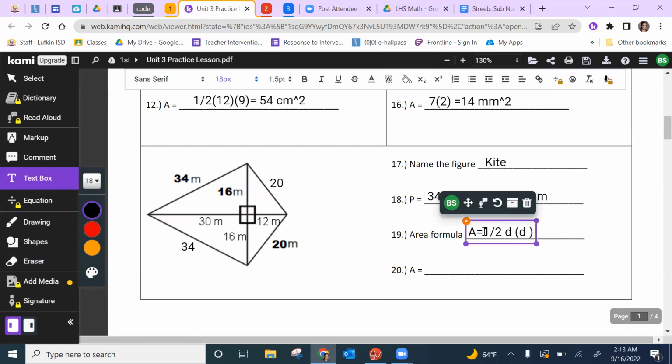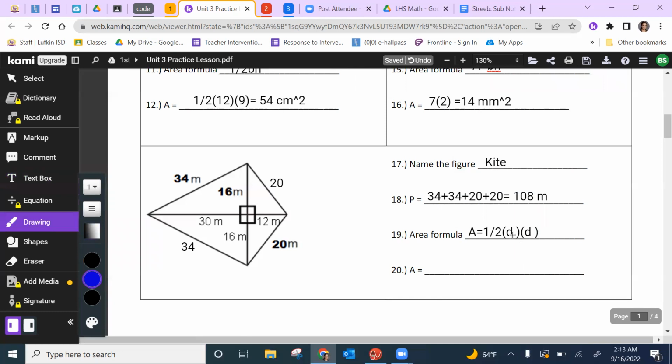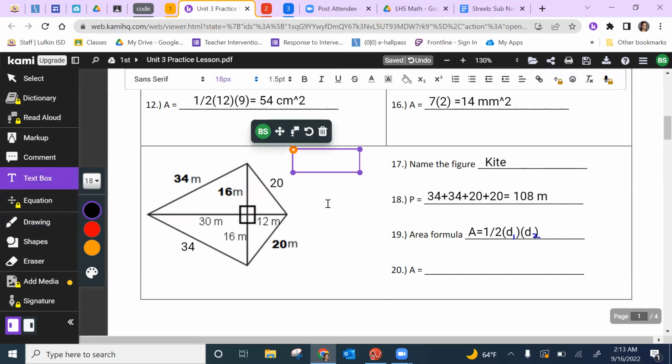It's 1/2 diagonal 1 times diagonal 2. So that means we have to have our full diagonal. This is a question that a lot of you missed on your assignment because you didn't get a full diagonal and you missed it multiple times.